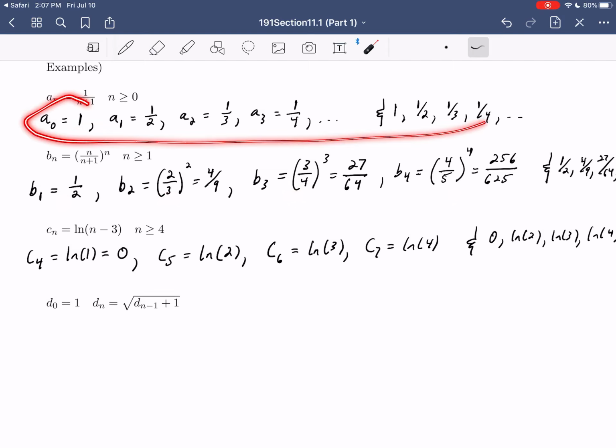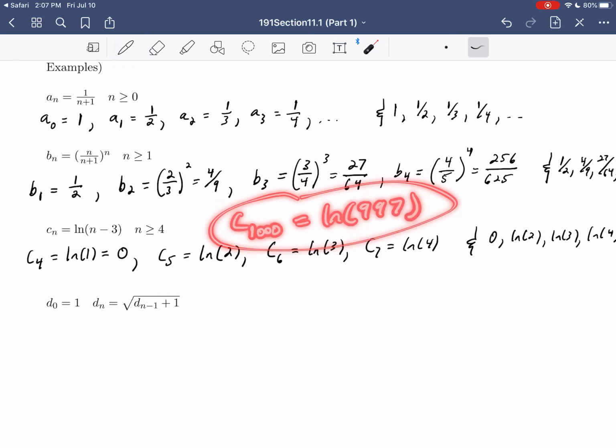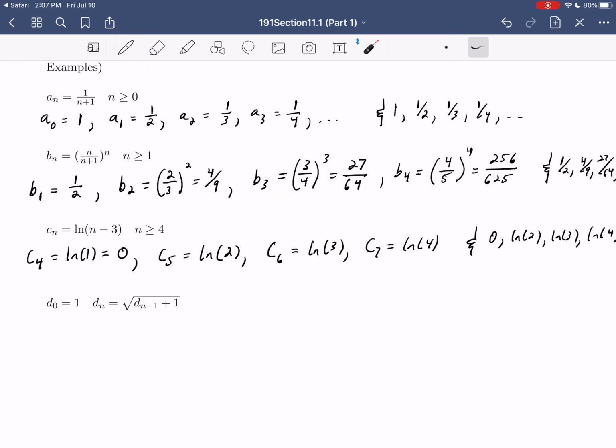If you were interested, you could figure out what a sub 100 is. It would be 1 over 101. Or if you wanted to know c sub 1000, it would be ln of 997. You have an explicit formula that tells you, wherever you are in your sequence, you just plug in, and that gives you the value at that moment.